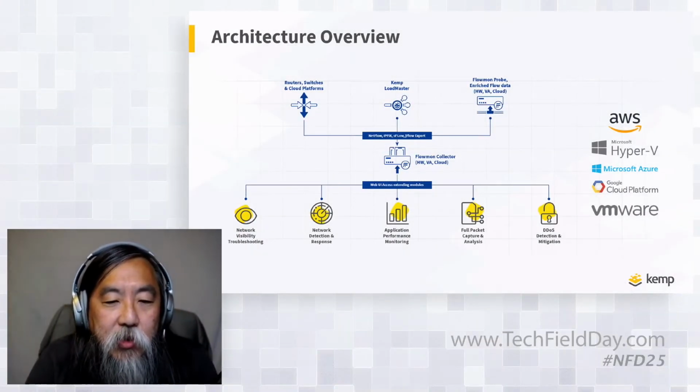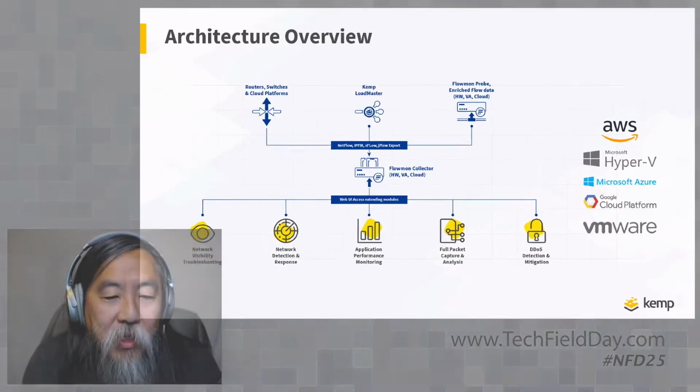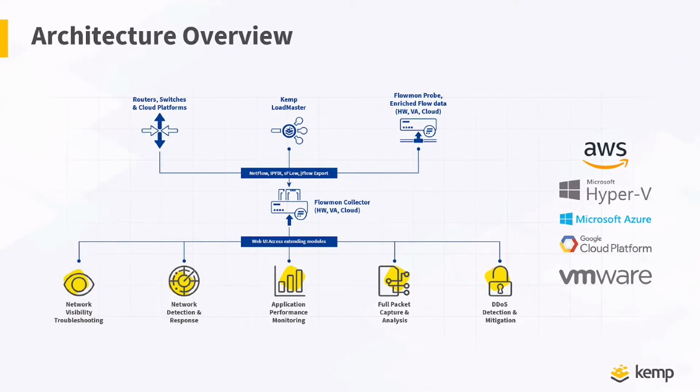That is correct. So again, real quick at this overview, we have the Flowmon collector in the center, which is our flow collector, and it is providing the functionality in terms of what we can display, whether it's going to be this NPMD, this network visibility, this network performance management, or anomaly detection for security threats, application performance monitoring, DDoS detection and analysis.